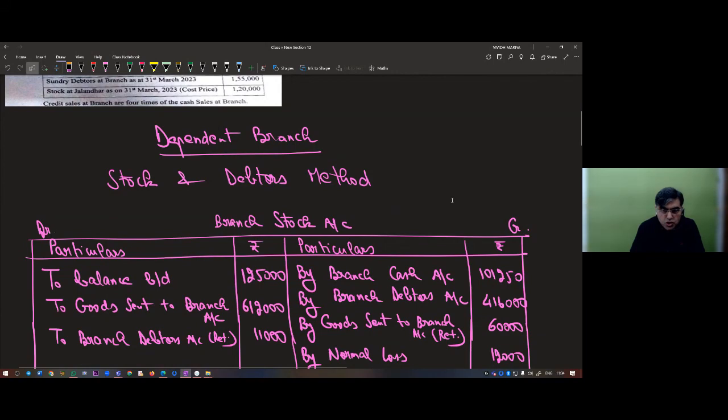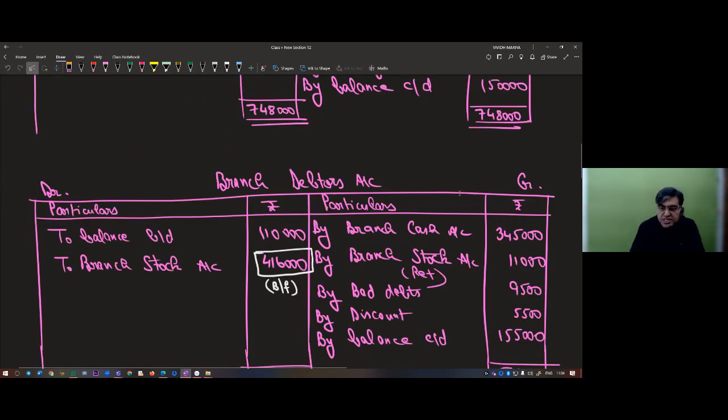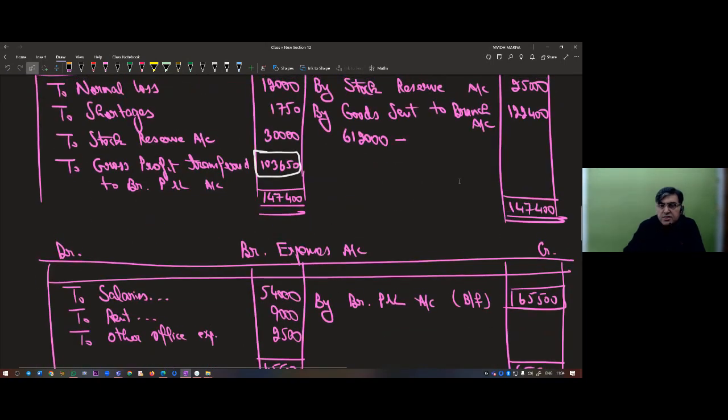The stock sent and stock returned is 60,000. And the loading will be reduced: 6,12,000 minus 60,000 is 5,52,000.